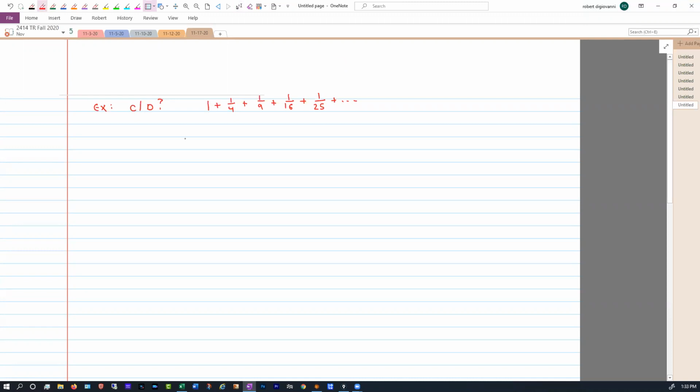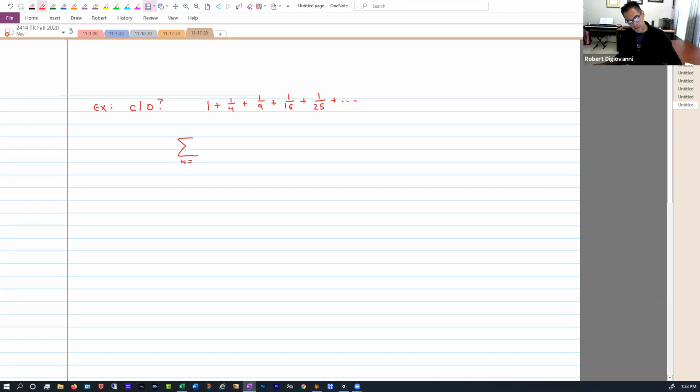It converges. It's 1 over n squared. Yeah, so you have to first come up with a formula that creates this series. This is like 1 over 1, 1 over 4, 1 over 9. All of these are perfect squares, aren't they? This is 1 squared, 2 squared, 3 squared, 4 squared, 5 squared. So we have to look at this being 1 over n squared.